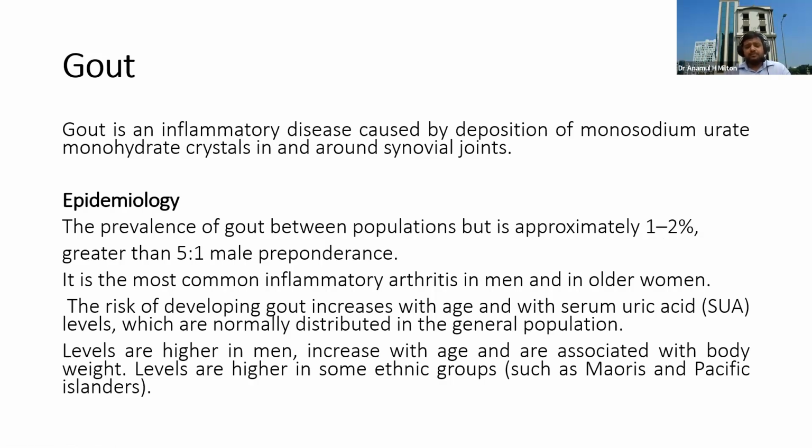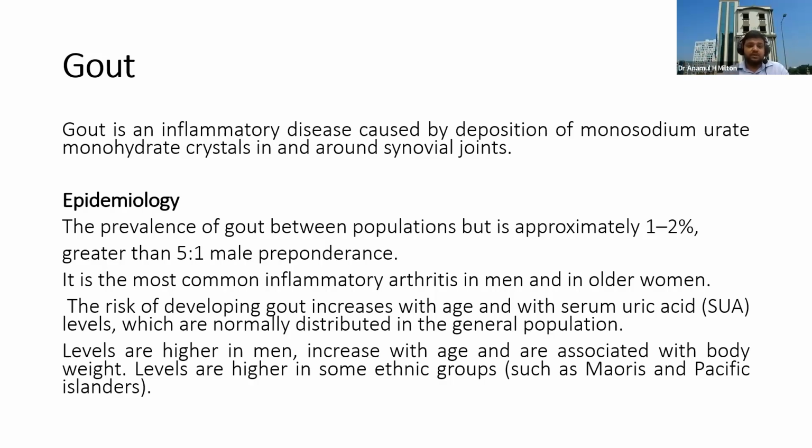If the patient has taken meat, seeds, and a lot of such foods, that increases monosodium urate crystals and causes inflammation. The first time, we consider hyperuricemia.